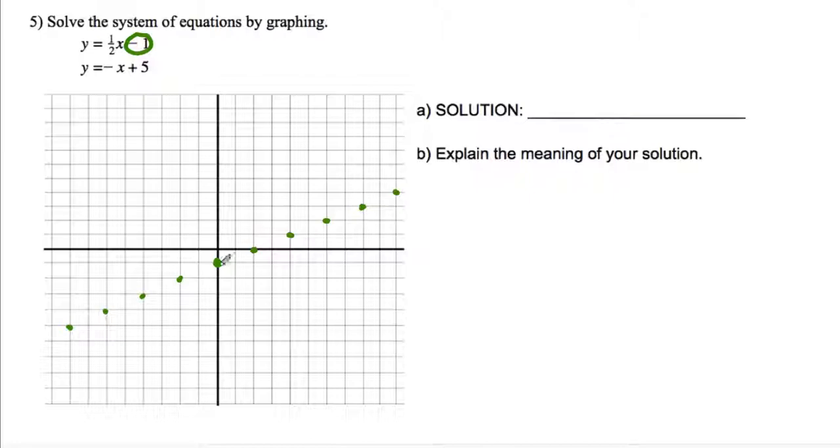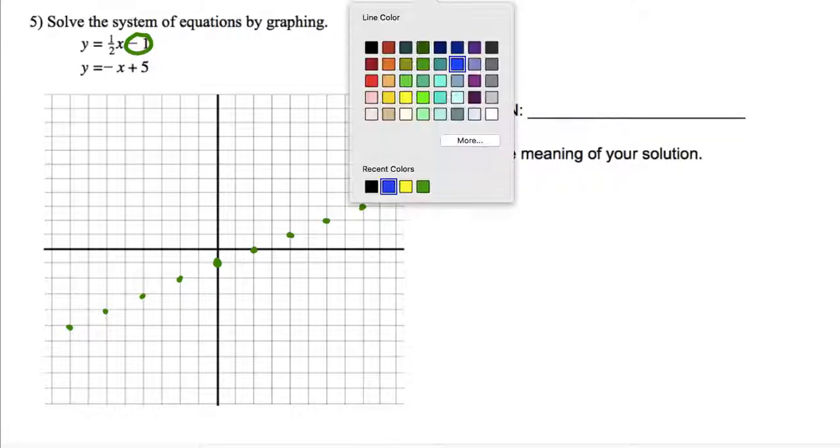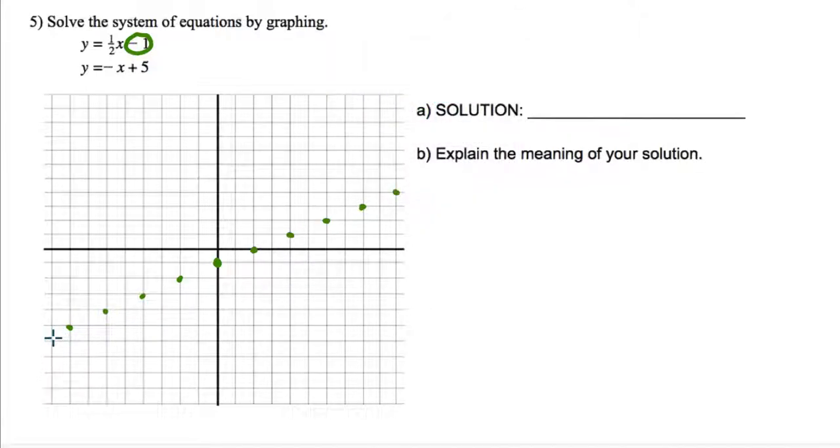So those are those points. And let me grab a line here and put that in there. I want to make sure it's green just because I want it to match. That bothers me a little bit, so I'm going to move this up a little bit, and there we go.